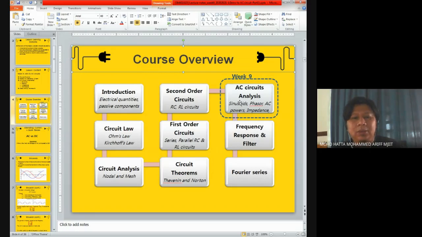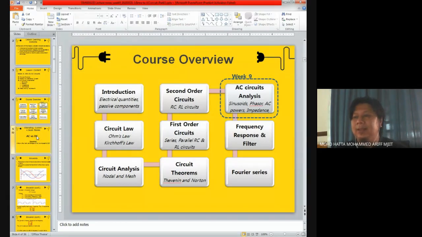The power caused by inductor and capacitor is called reactive power. So this is something new in terms of the content in AC circuit analysis. That's what you can expect.